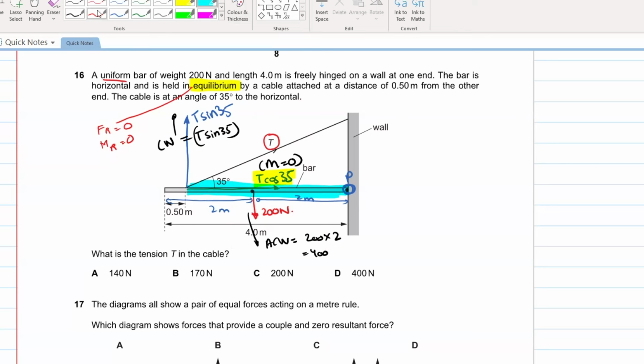The entire rod is of 4 meters. This small little distance is 0.5 meters. So this blue distance will be what? 4 minus 0.5. What does your clockwise moment come out to be? Beta, clockwise moment comes out to be T sine 35 multiplied by 3.5.